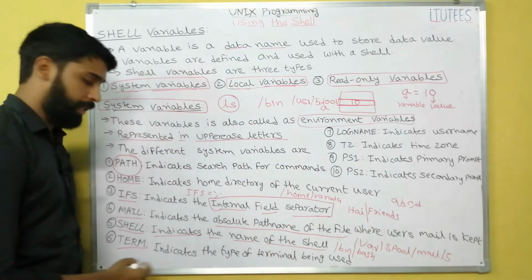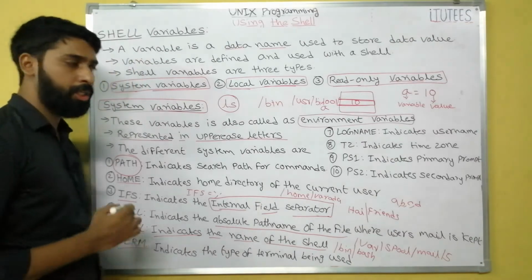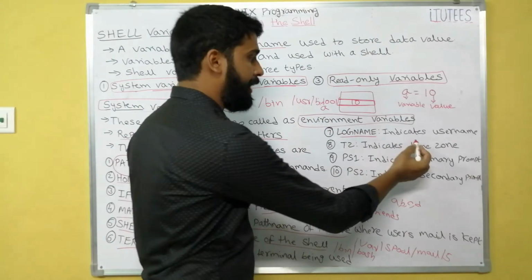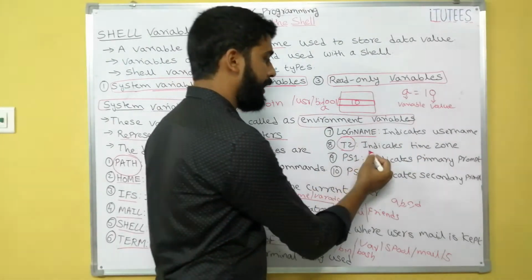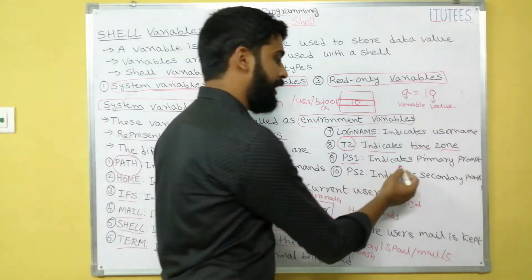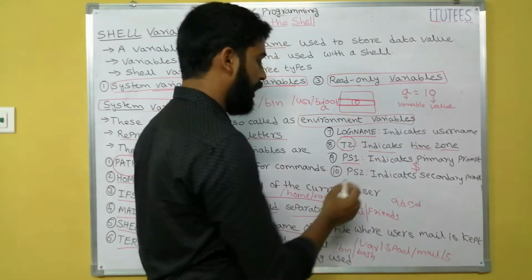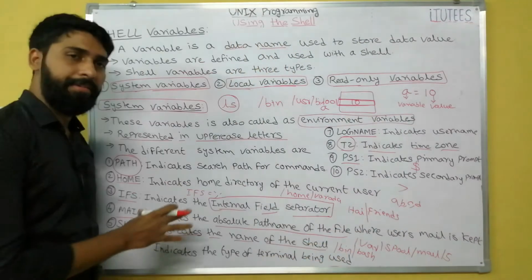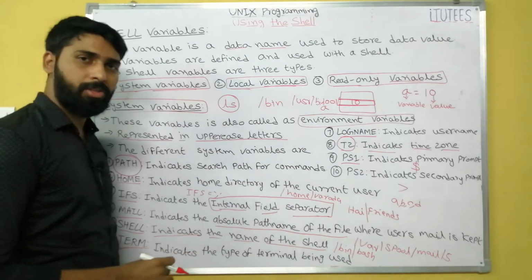TERM means terminal. It indicates the type of terminal being used. LOGNAME indicates the username, TZ indicates the time zone, PS1 indicates the primary prompt. What is the primary prompt? It is $. And PS2 indicates the secondary prompt, which is greater than. We can see the values of all these variables in the execution session.